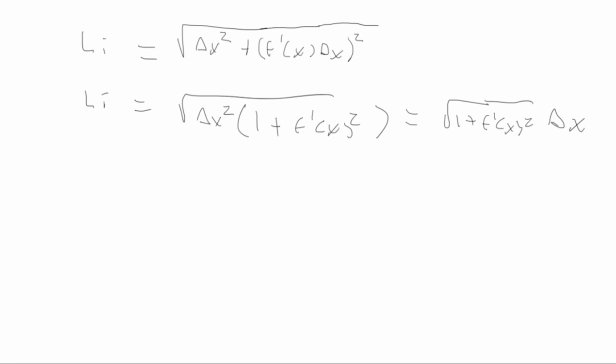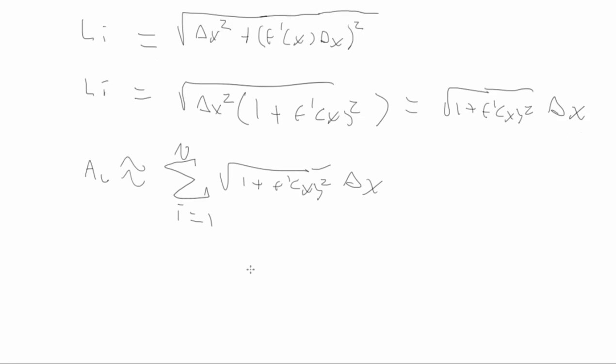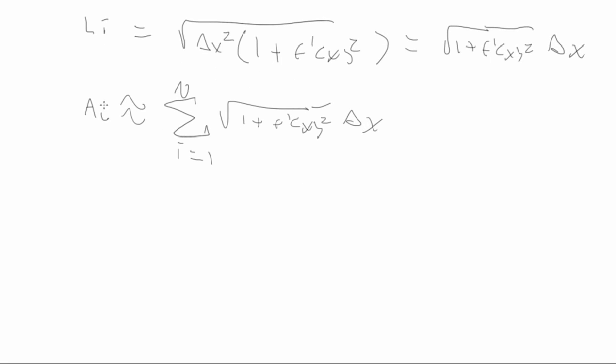When we take the sum again, the arc length is approximately the sum from i equals 1 to n of the square root of 1 plus f prime of x squared times delta x. Okay, so now as the magnitude of delta x approaches 0, or as n approaches infinity, you're going to get the exact arc length.